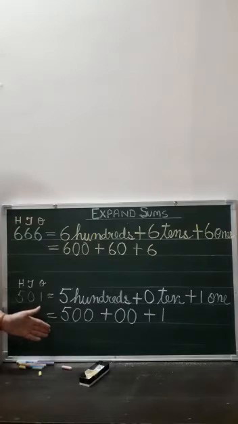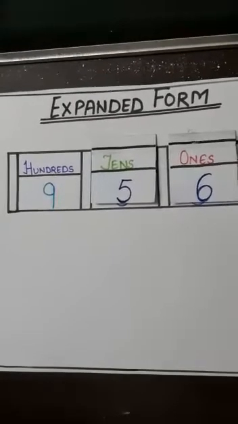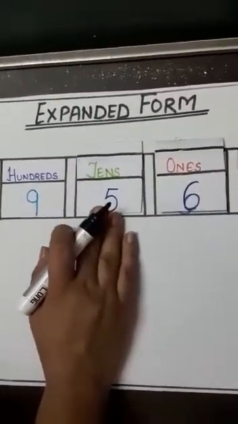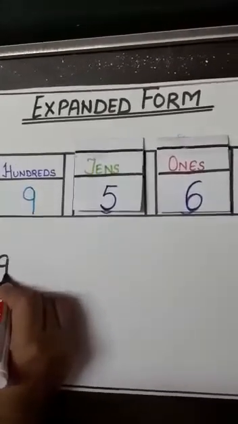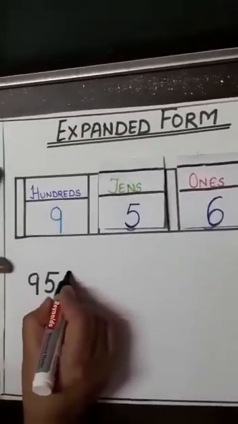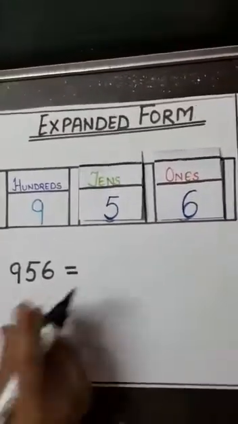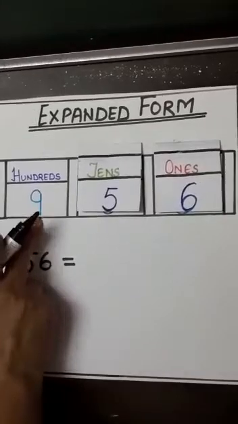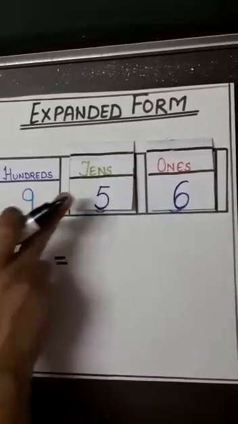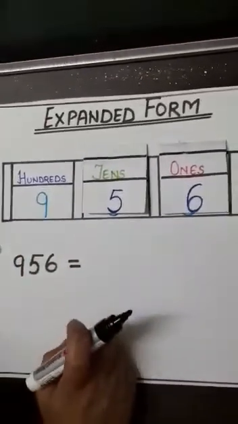Now we can do an activity to understand this concept more clearly. Let's understand this activity of expanded form. In this activity, what we have to find? We have to find the expanded form of the number 956.